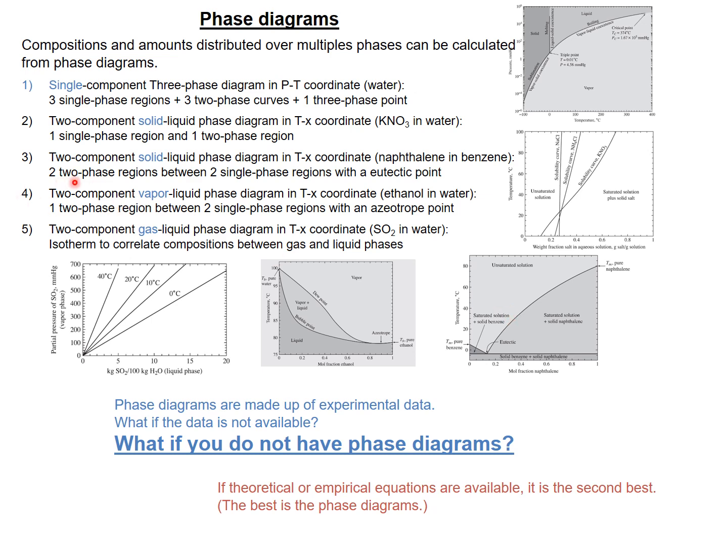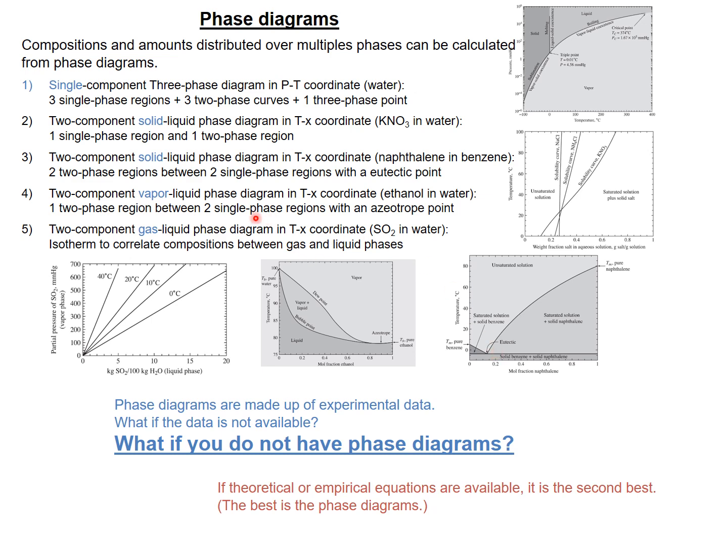The two-phase regions, like this one and this one, lie between 2 single phase regions. So unsaturated solution is a single phase, and the other is the everything-is-solid region. And one more thing, we have one eutectic point in this case.